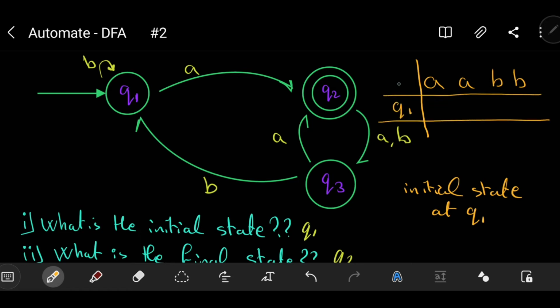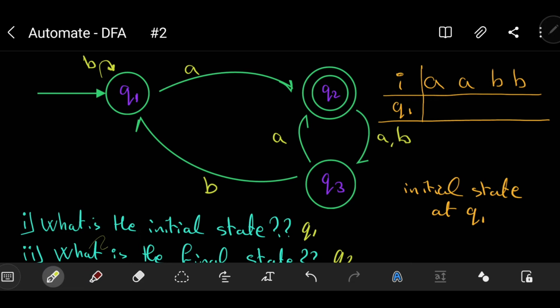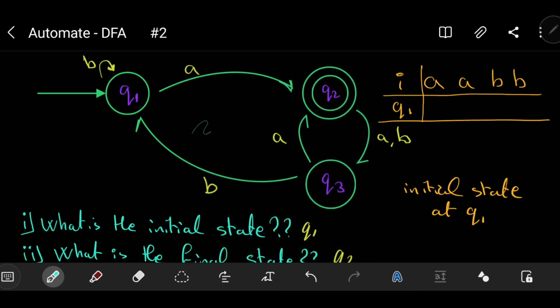Imagine that we are standing on Q1 because it is the initial state, and we press A. A will take us to Q2, as the automat indicates that Q1 with A takes us to Q2.